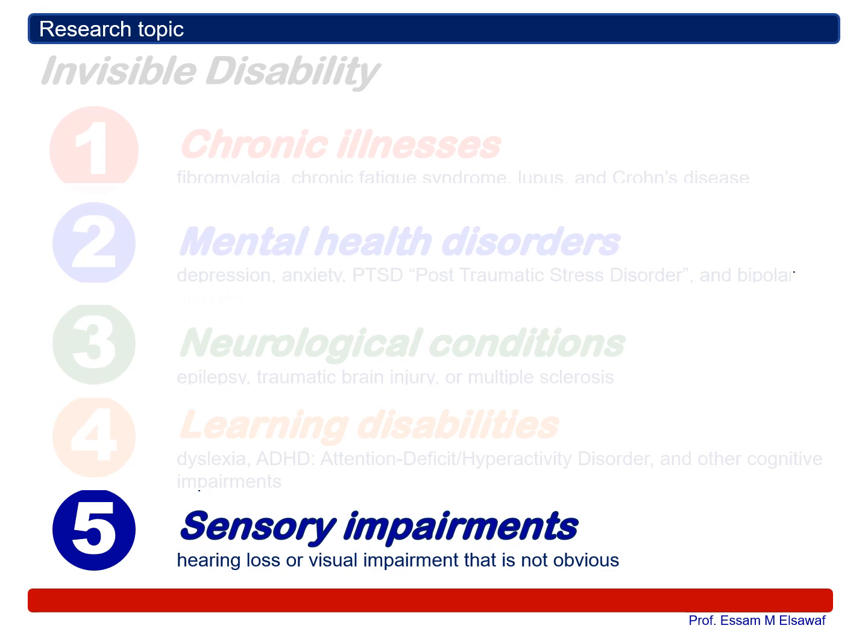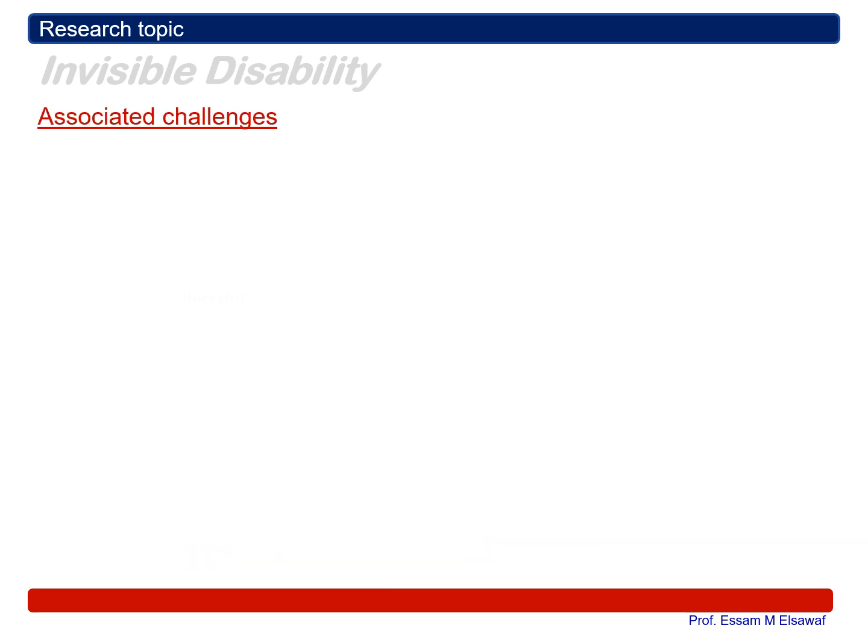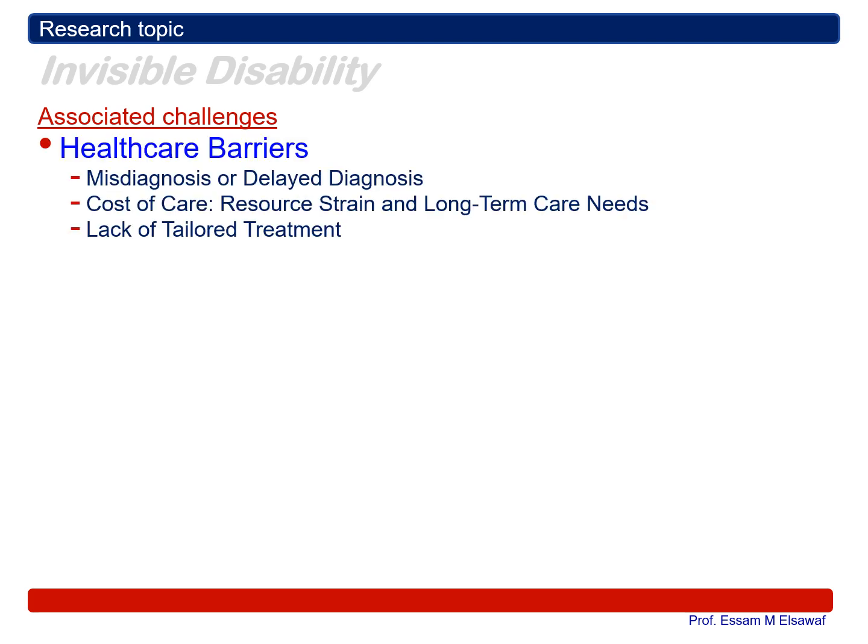Definitely, such persons with invisible disability have a lot of associated challenges. For example, healthcare barriers like misdiagnosis or delayed diagnosis, cost of care, resource strain, and long-term care needs, lack of tailored treatment because they are inapparent, and difficulty in accessing accommodations.